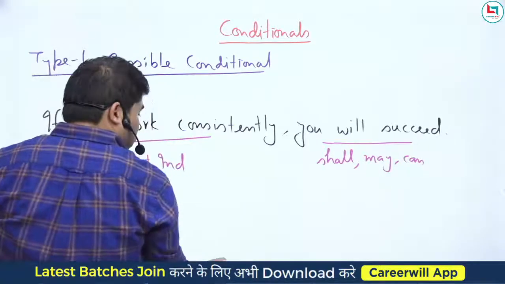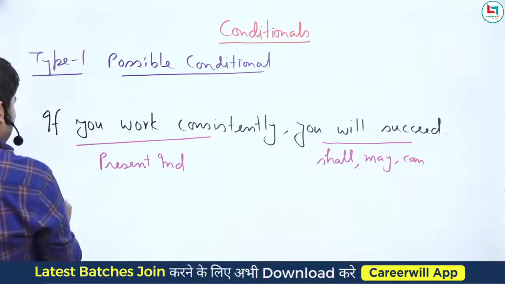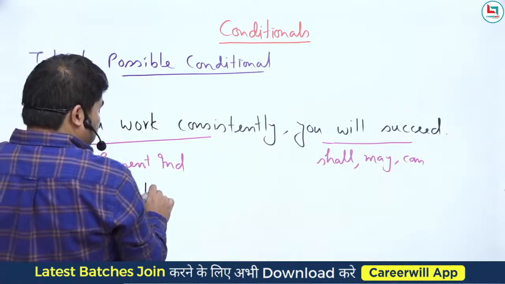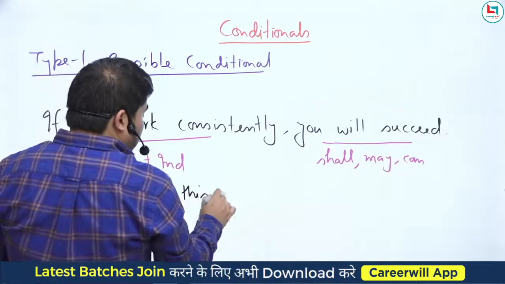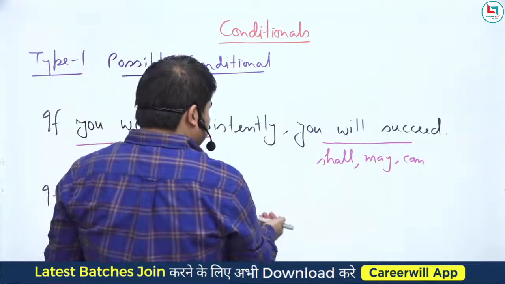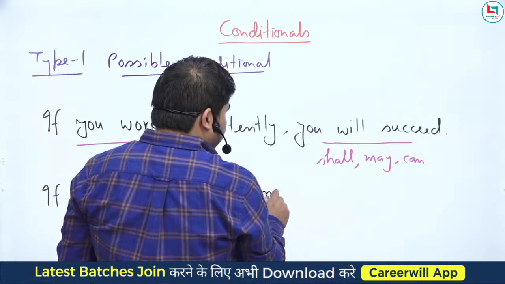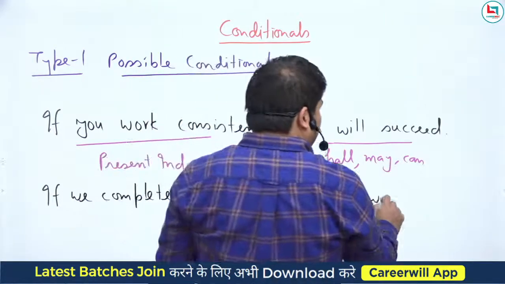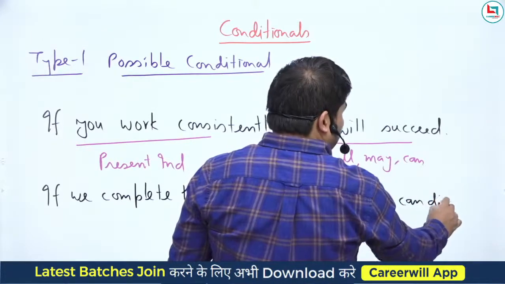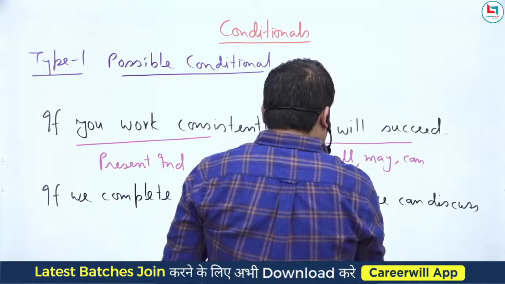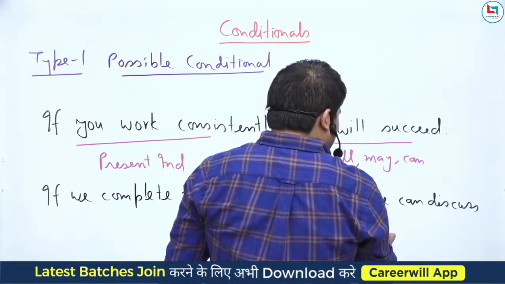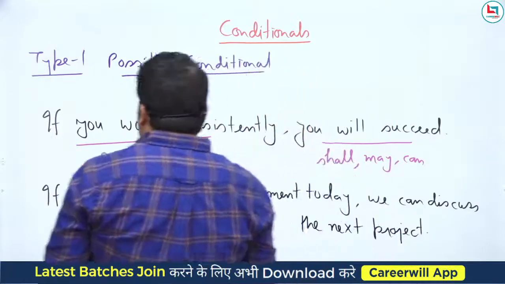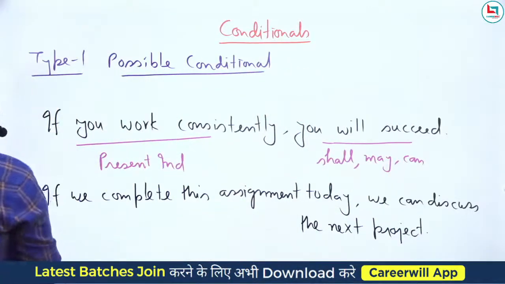So if we complete this assignment today, we can discuss the next project. So here we have used can as per the requirement, right? So this is the type 1 possible conditional.